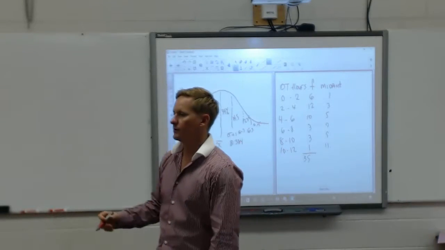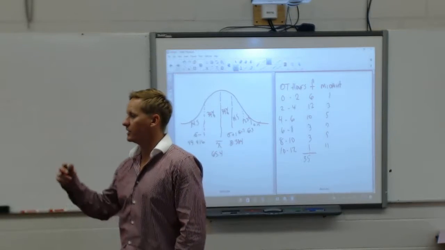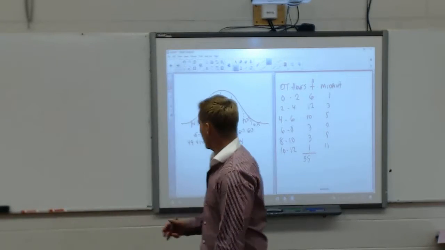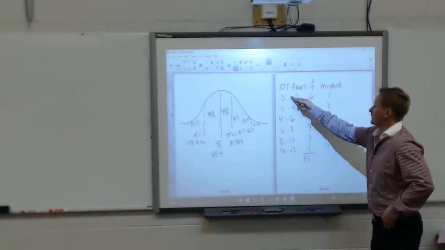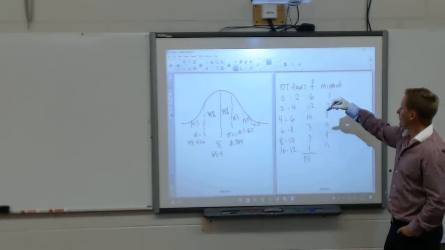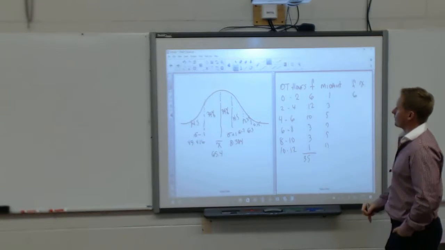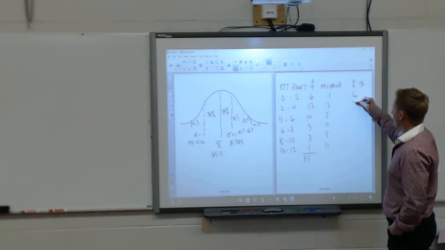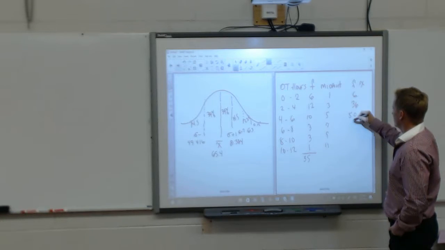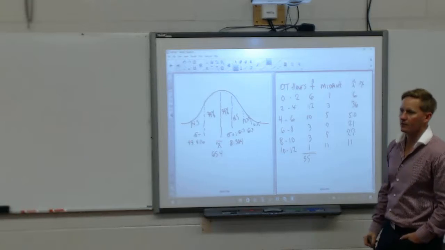Because what we're going to do is try and find out how many total hours that worked out to for each interval. So if 6 people work between 0 and 2 hours, and the midpoint is 1 hour, we just multiply f times x, and we get 6 hours here. Here we get 36, 50, 21, 27, and 11.